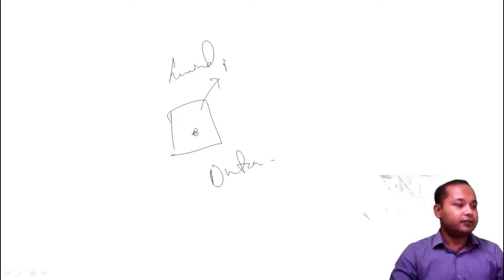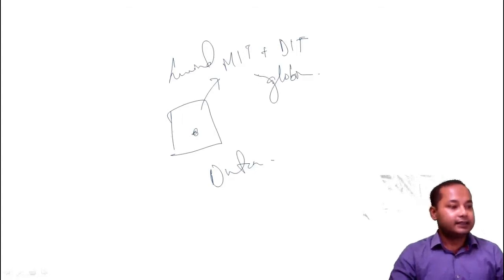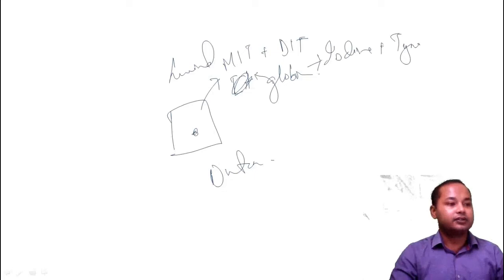Inside you will find MIT plus DIT, thyroglobulin and monoiodothyroglobulin. So the globin protein itself binds to the iodine and the tyrosyl residues, and the protein tyrosine is forming all this.